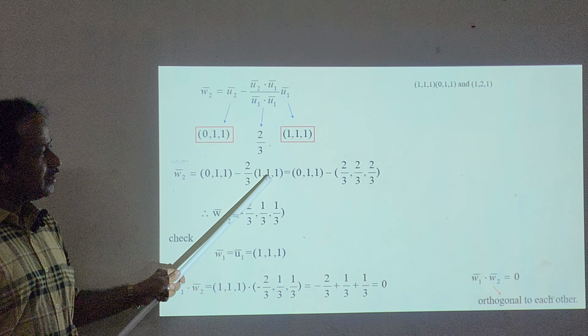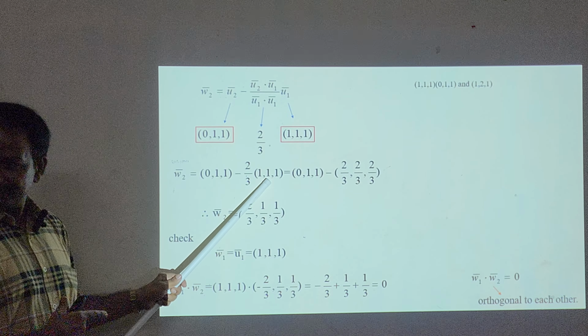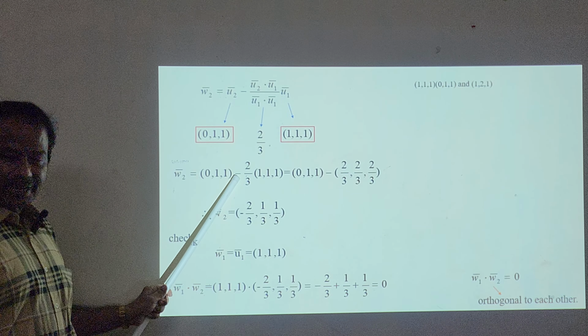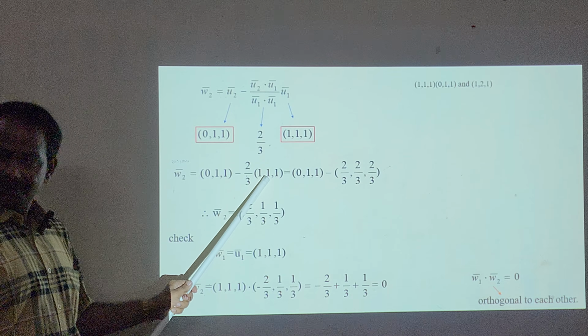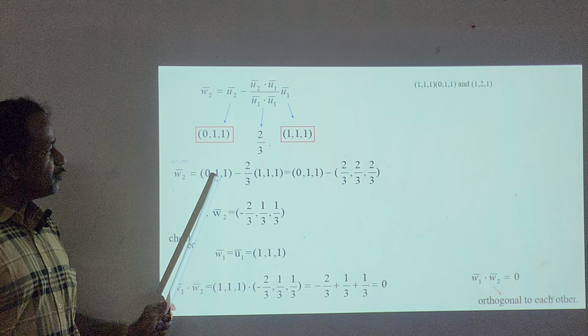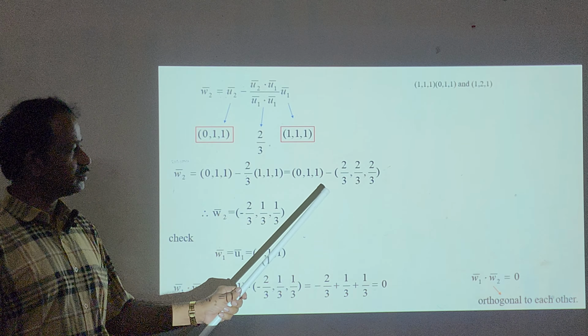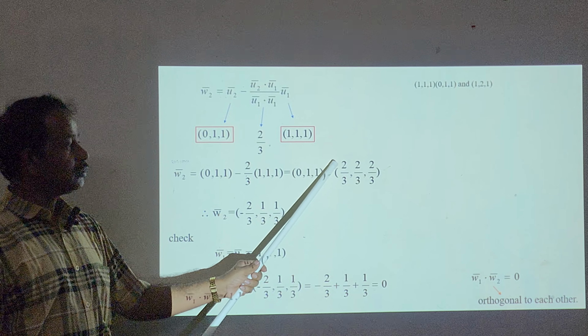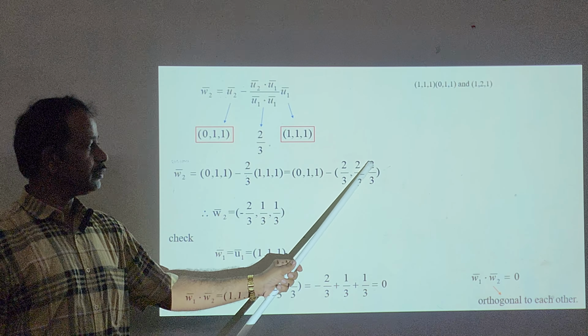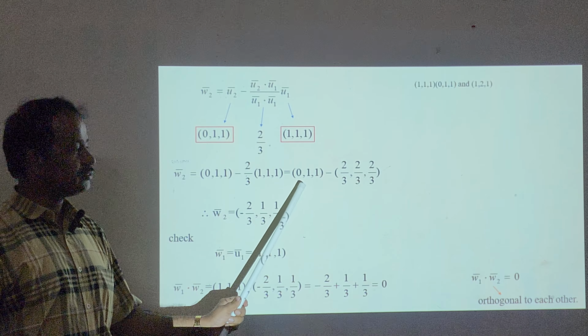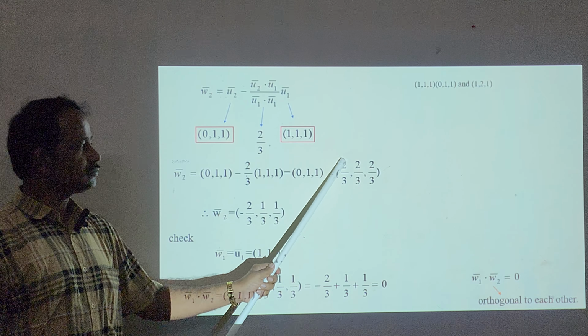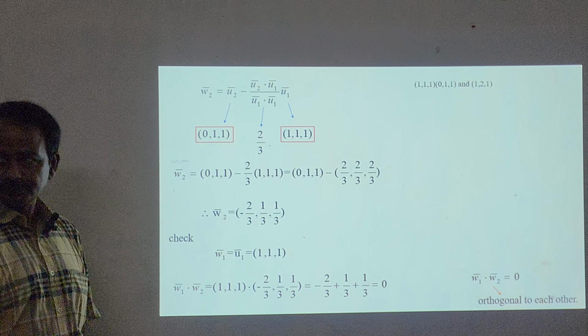Any doubt? Now I am going to multiply this 2 by 3 inside (1,1,1), so this becomes (2/3, 2/3, 2/3). So we subtract (0,1,1) minus (2/3, 2/3, 2/3).